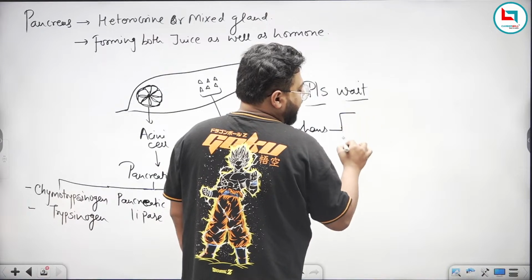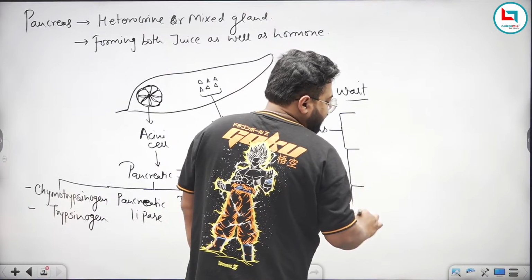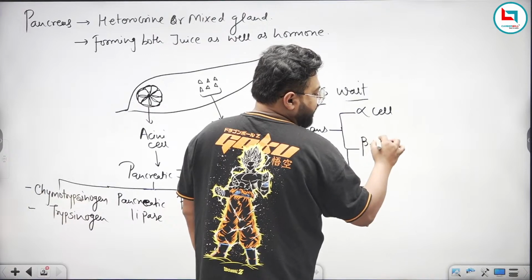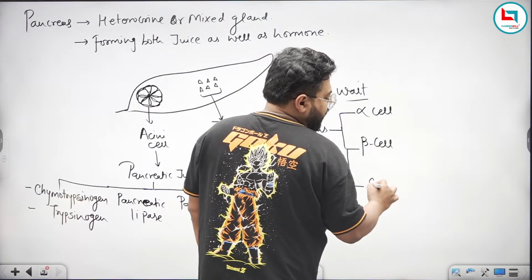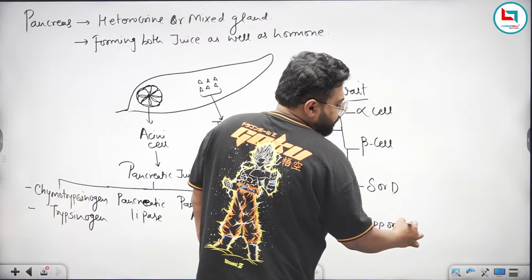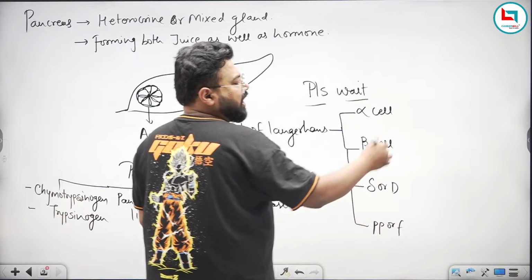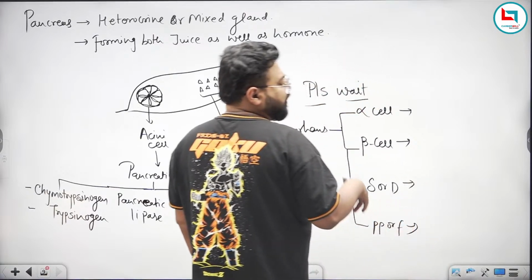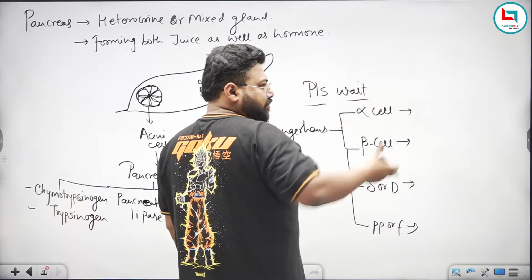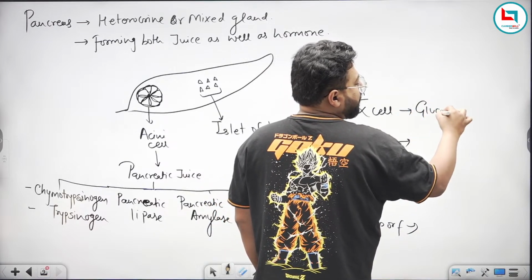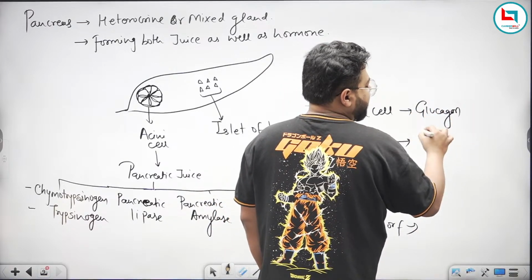The Isle of Langerhans contains different cells like alpha cell, beta cell, delta or D cell, and PP or F cell. These cells in our body release different hormones that help in regulating various mechanisms of our body. Alpha cell releases glucagon, beta cell releases insulin.